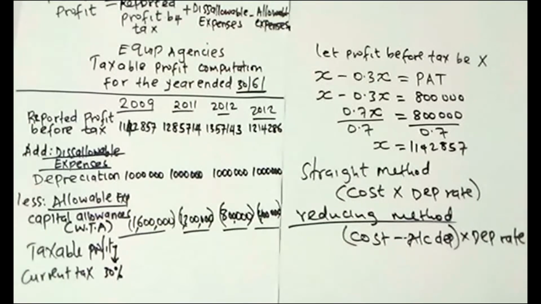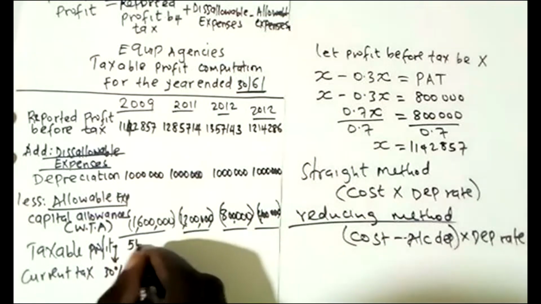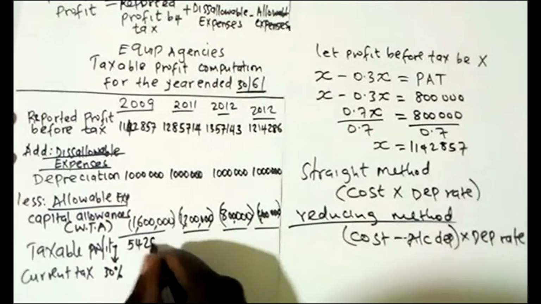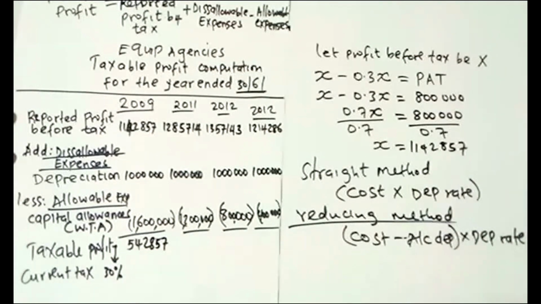So why don't you compute one for me? This is the first one. I'm getting 542,857 times 30%, so that I get the current tax directly.